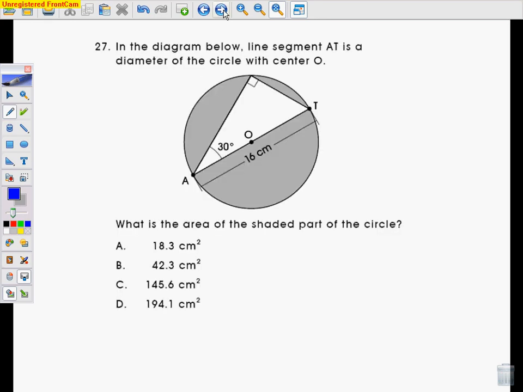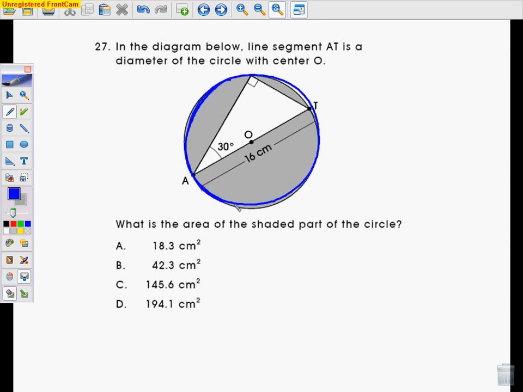So, number 27, in the diagram below, line segment AT is a diameter of the circle with center O. What is the area of the shaded part of the circle? Well, first of all, you need to know how to find the area of a circle. Okay, we have this nice circle right here.